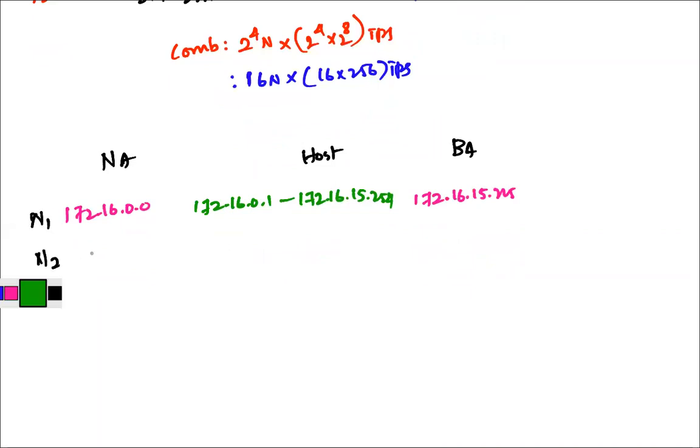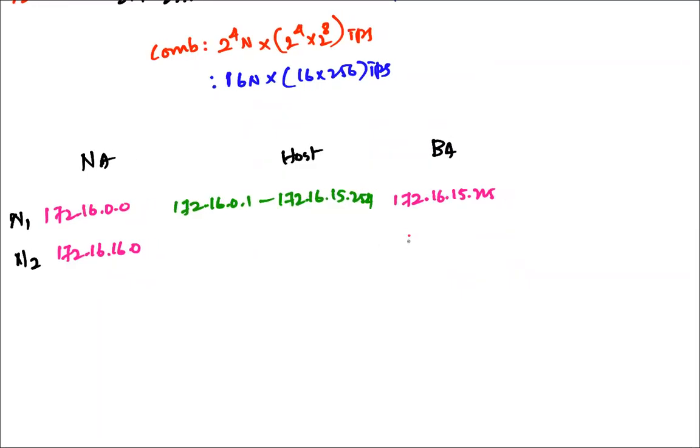So we have network number 1 here, and network number 2. I'll write just the network address alone: 172.16.16.0, and here it's 172.16.31.255. It keeps going, guys.